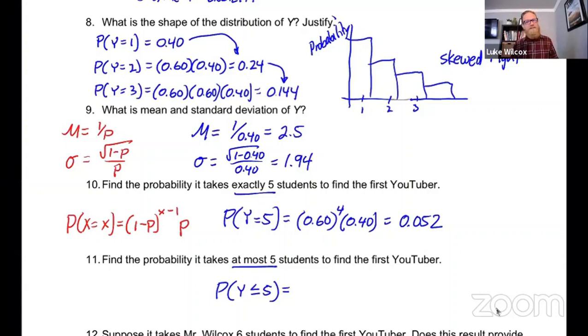But once again, just like for binomial, there is a calculator function which can help us here, which is called geometcdf. And the arguments that you need to know for the calculator here, you have to tell it the probability of success, 0.40, and you have to tell it the number of trials there, which would be 5. And let's go ahead and see what the calculator is going to give us here.